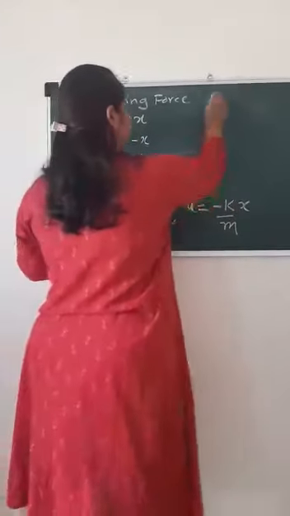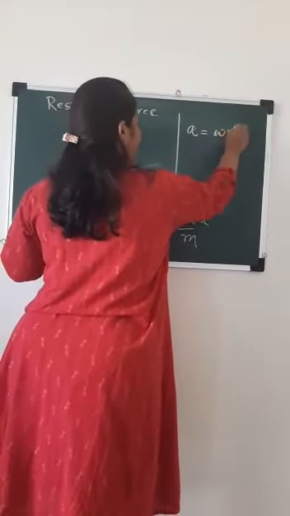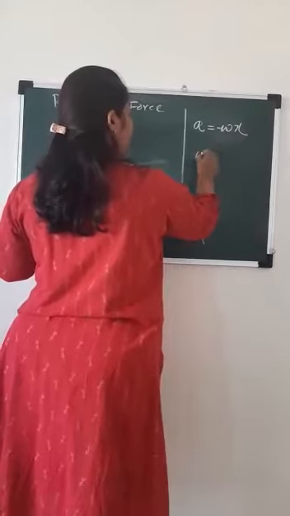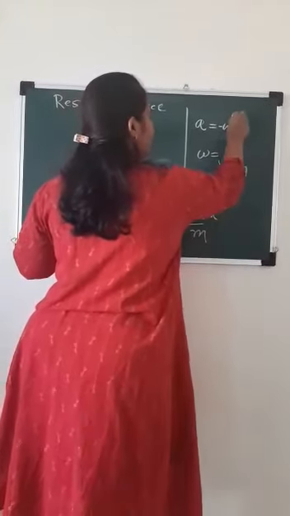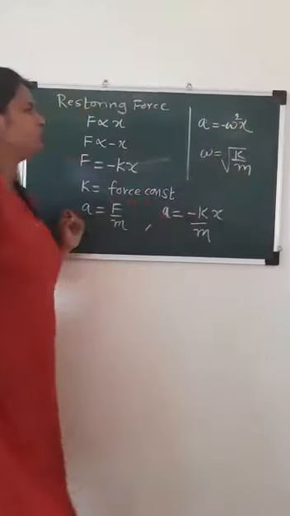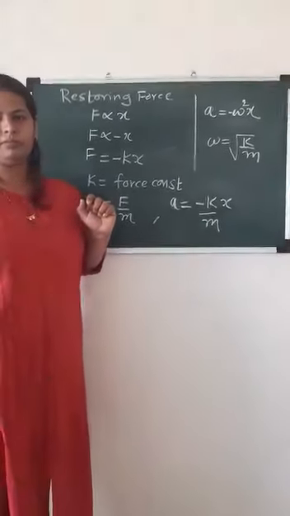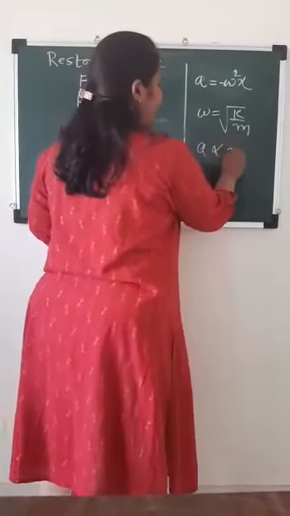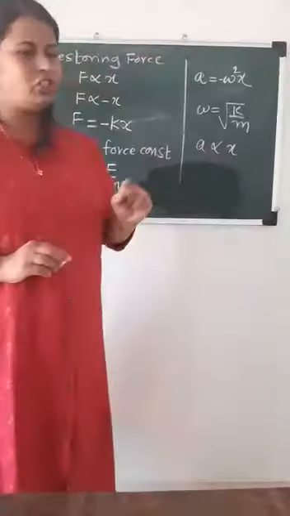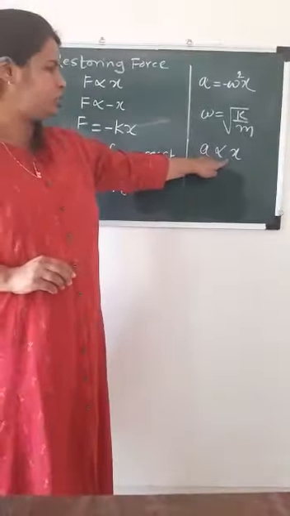So we can write a is equal to minus omega square into x, where omega is nothing but the square root of k upon m. So a is also proportional to x. Again, the direction of acceleration is opposite to that of the displacement x.